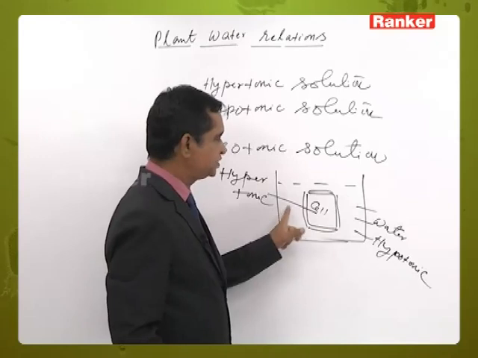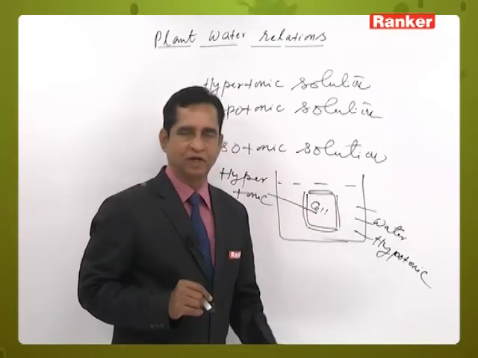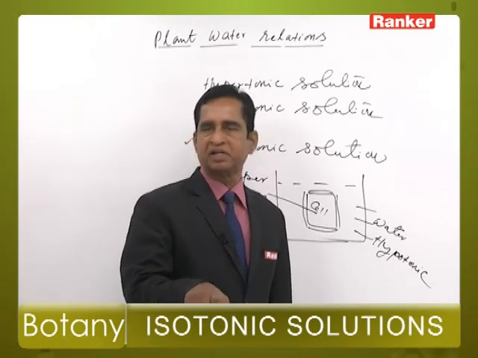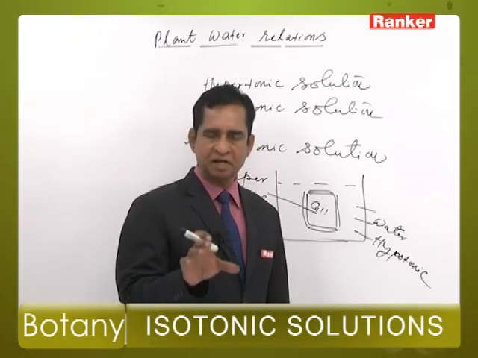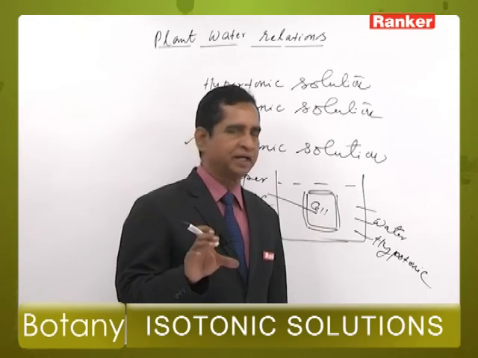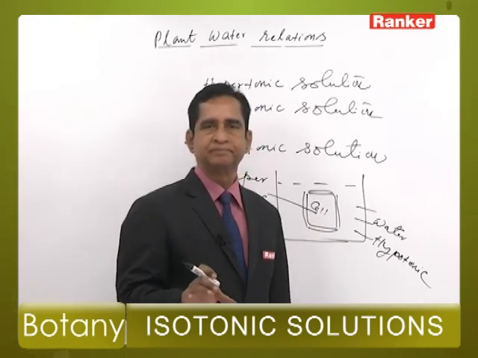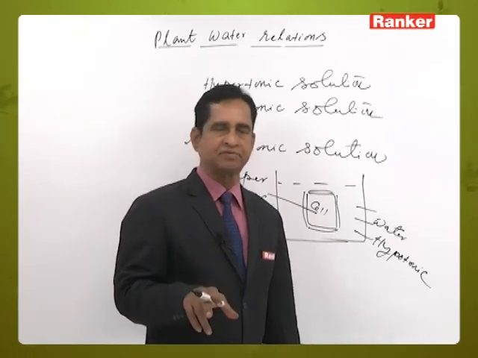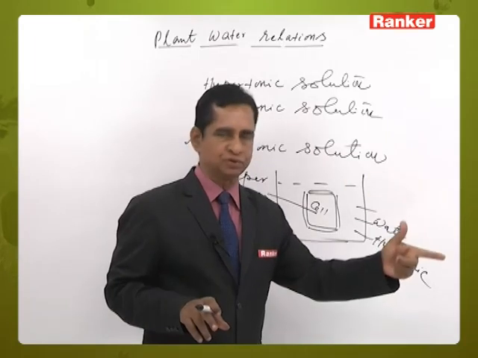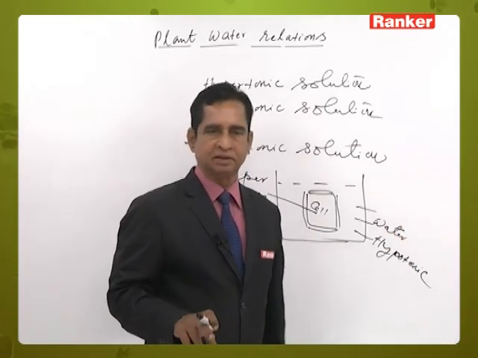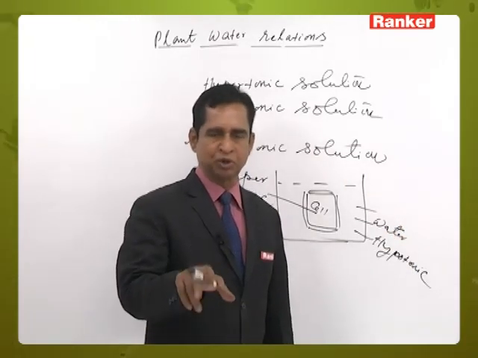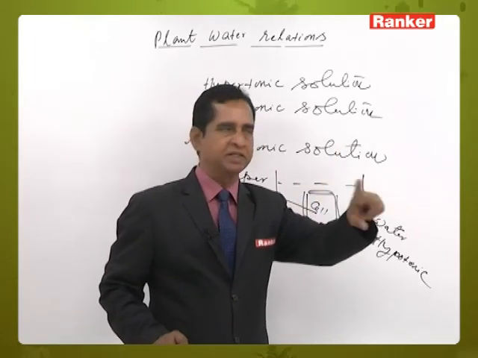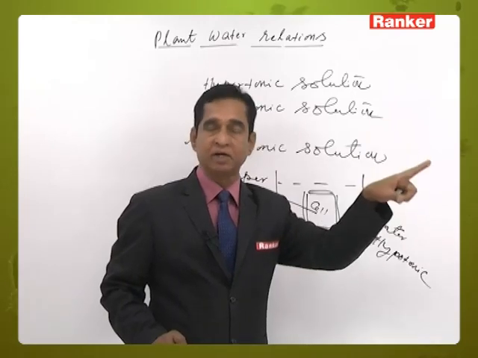Actually, based on this principle only, the roots absorb water. When soil water is there, the concentration of the soil solution must be lower than the concentration of the cell sap present in the root. That means the soil solution must be hypotonic and this cell sap of the root hairs and the roots must be hypertonic.